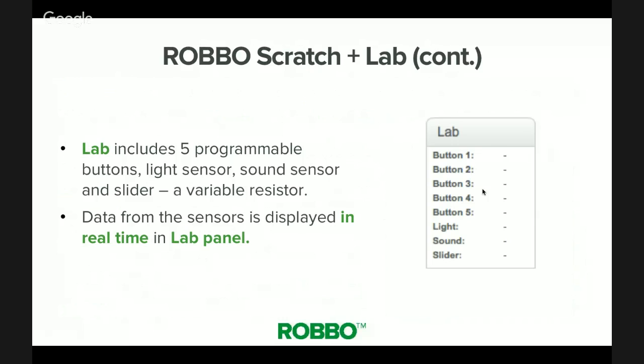The buttons, as I showed you, can be found from the lab panel, which is on the left, and the numbers can be read there when the lab is connected. And it has 5 of them, with the light and sound center and the variable resistor, which is a slider.